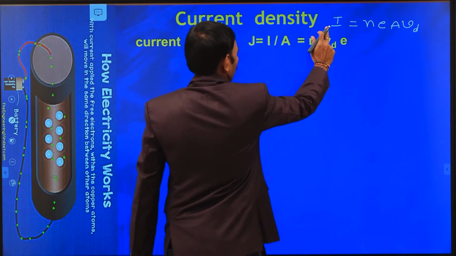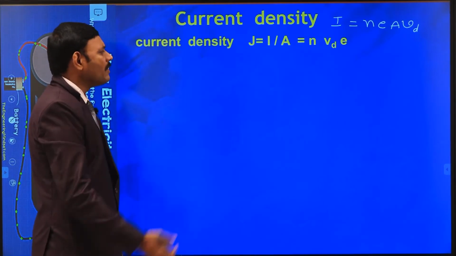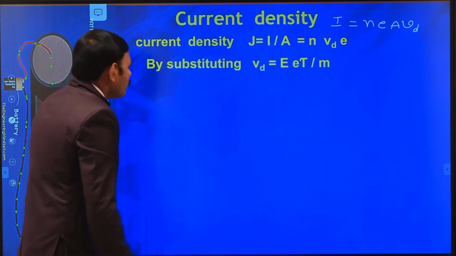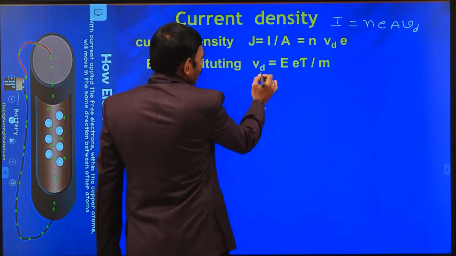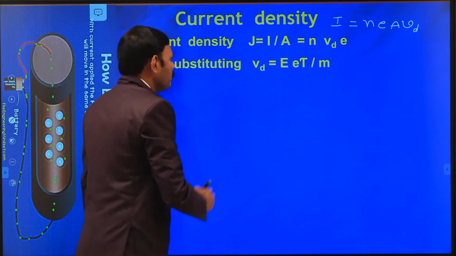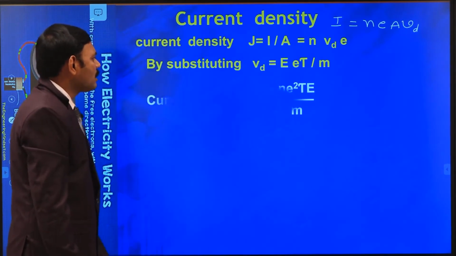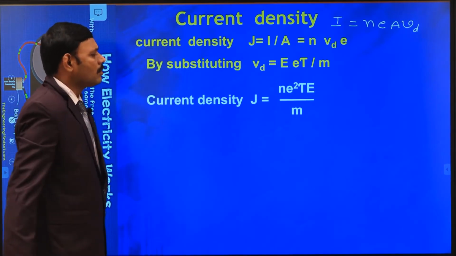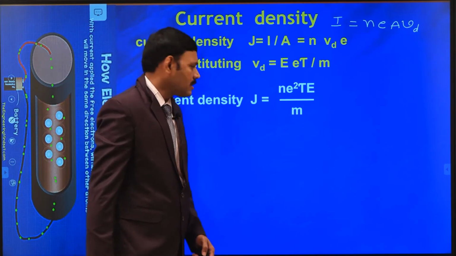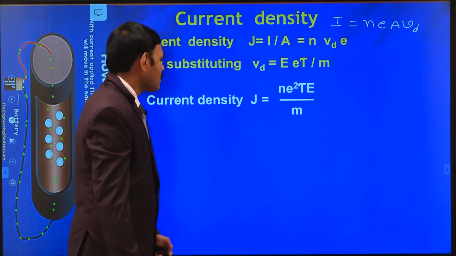From this, by cross multiplication, current density is n Vd e. Then we have the formula for Vd, which is e E tau divided by m. Replacing Vd in the above expression by this formula, we find current density is equal to n e square tau E divided by m.